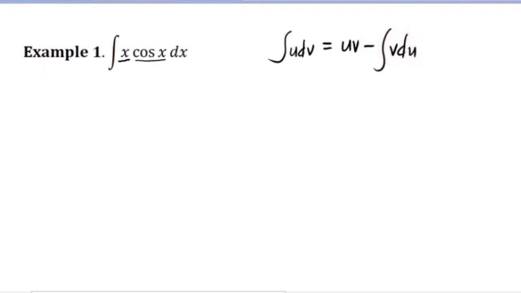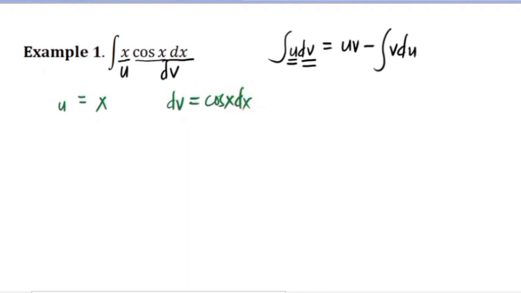So, ilalet natin yung isa as your u and the other one as dv. Ito yung u natin and itong part na to, yung dv natin. Okay. So, let u is equal to x and let dv is equal to cosine x dx.